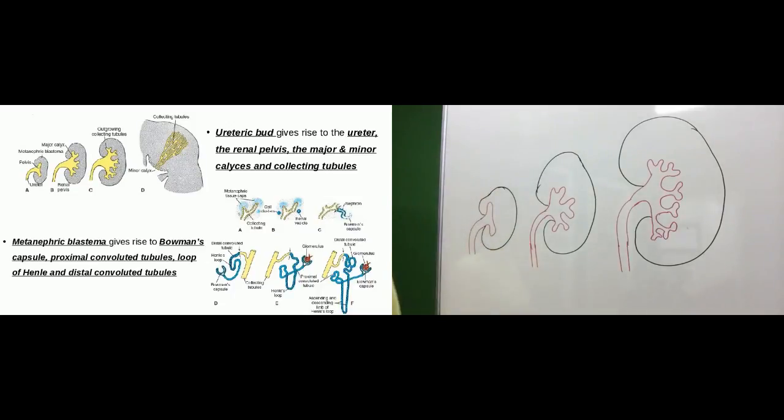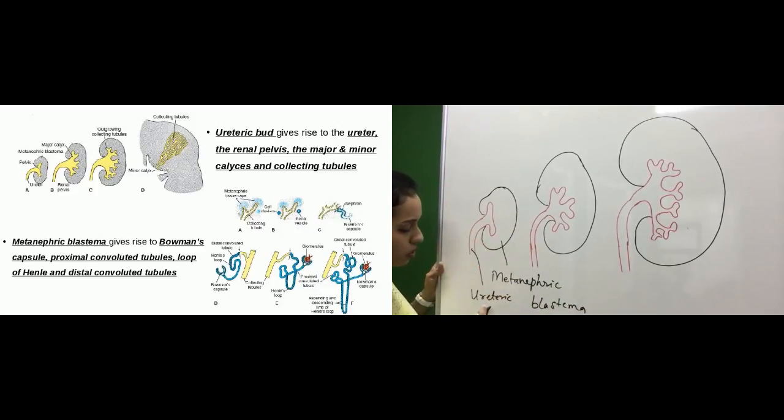If you go to the picture over here, this is showing the development of the ureteric bud. As I mentioned earlier, the ureteric bud is an outgrowth from the mesonephric duct at the caudal end, and slowly this ureteric bud penetrates the metanephric blastema. So if you can see, this one represents the metanephric blastema, and this is the ureteric bud.